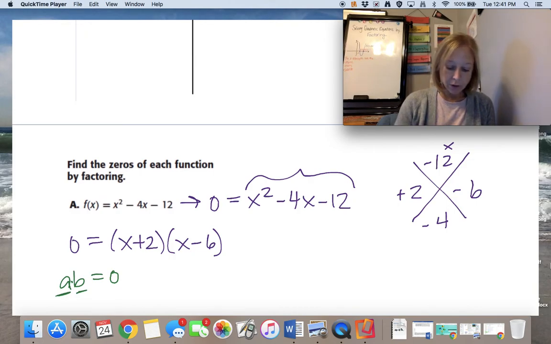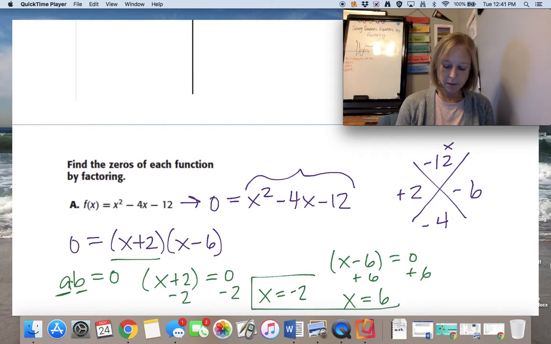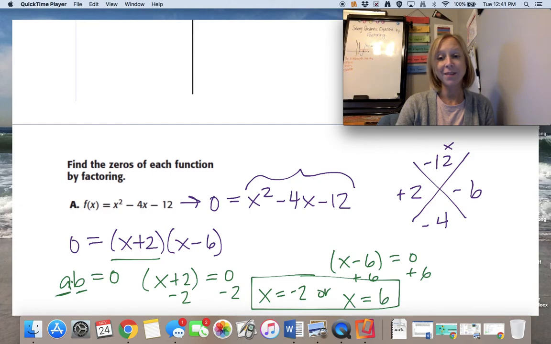So what we're going to do is set each of these parentheses equal to 0 and solve. So x in the first set of parentheses is -2. And now if I solve my second set, x minus 6 equals 0, x equals 6. So x can be -2, or x is +6.